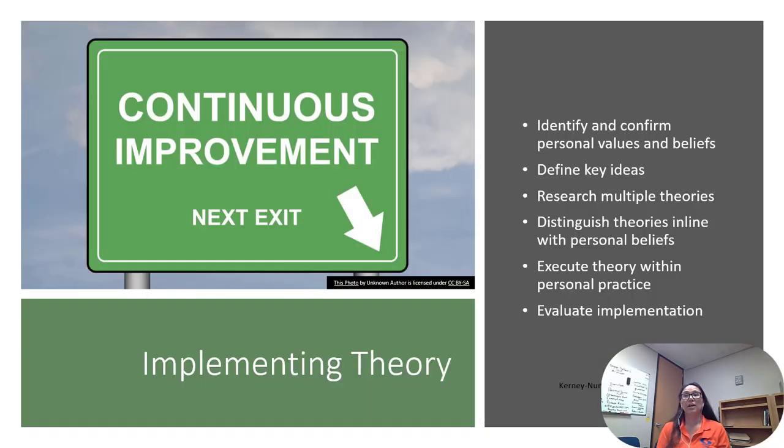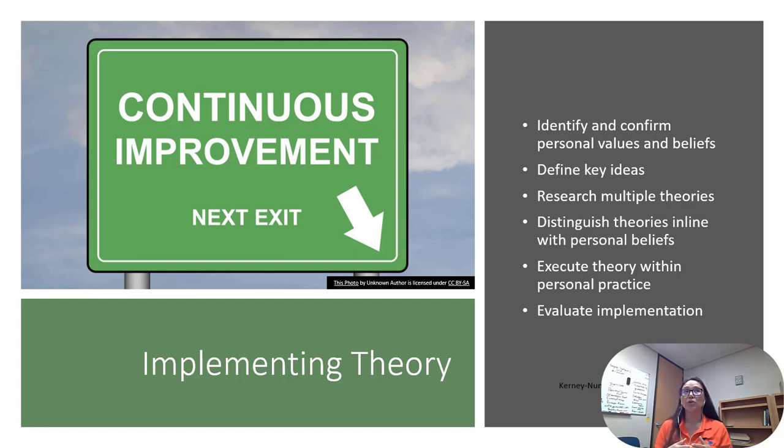Implementing theory. First, you want to comprehend your own inner values and beliefs. What do I believe? What makes me who I am? Then you want to identify and define what the key ideas are about implementing this theory.